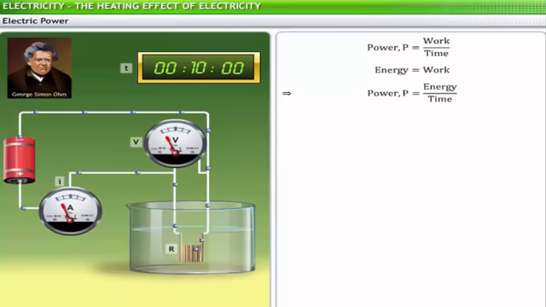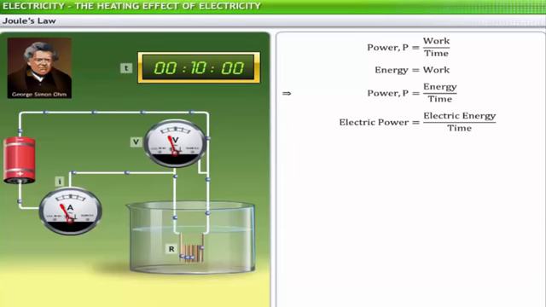In terms of electricity, the rate of consumption of electricity is electric power. When an electric current flows through a conductor, the rate of consumption of electricity by an electric circuit is also the rate of dissipation of electrical energy in the form of heat through the conductor.